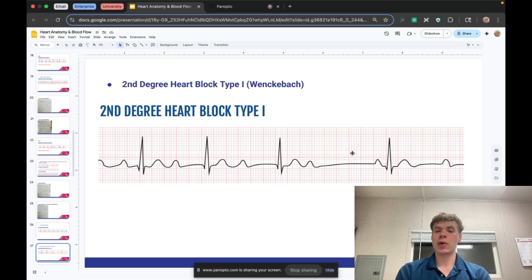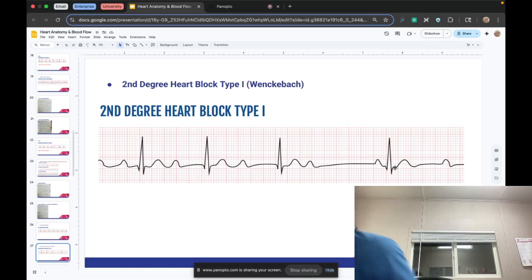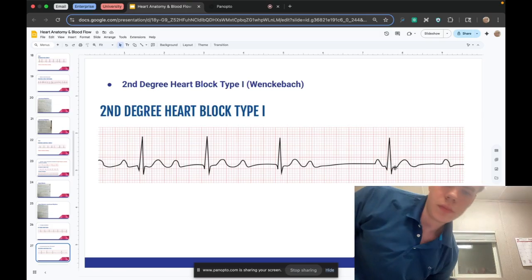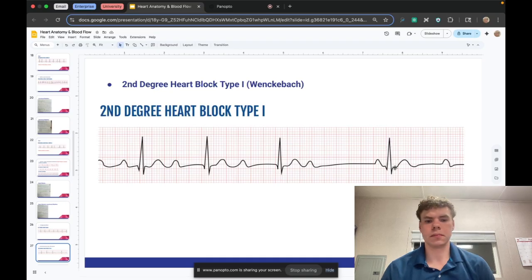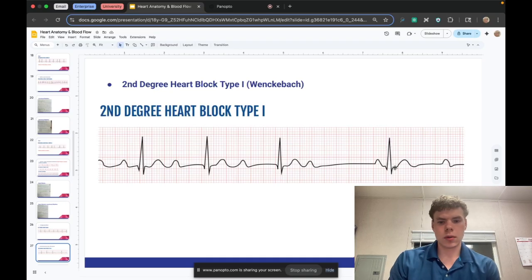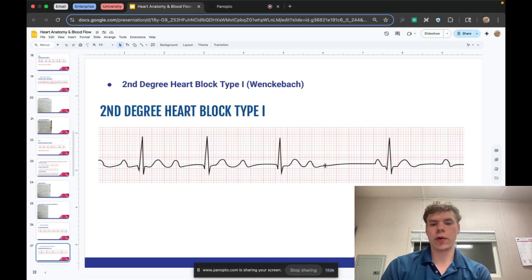And then it goes back to being normal. That's a type 1, where it gets progressively farther away and then it skips a beat, right?